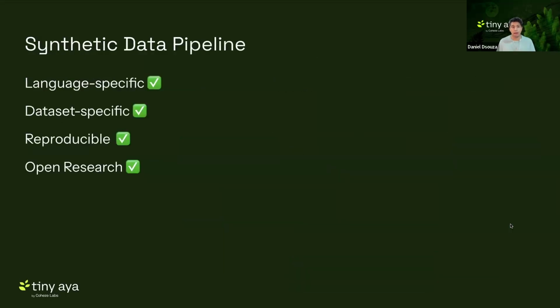Okay, so there are four things that we absolutely wanted when we were designing this pipeline. The first thing is it has to be language specific. Every language is different in the kind of treatment it requires, in the kind of care it requires, and what kind of operations you want to do. It has to be dataset specific as well because some datasets require just translations, some require better completions, some require better prompts, right?